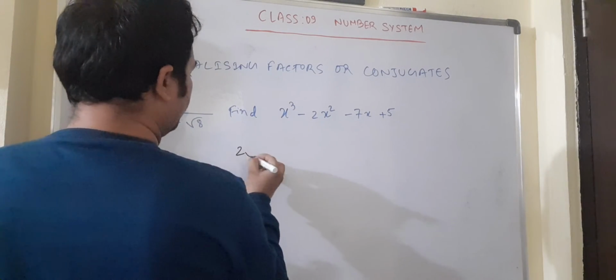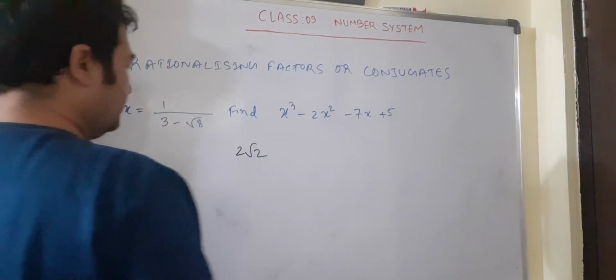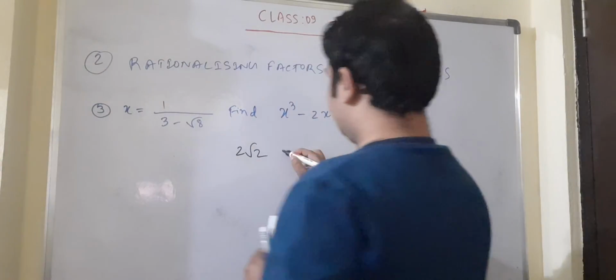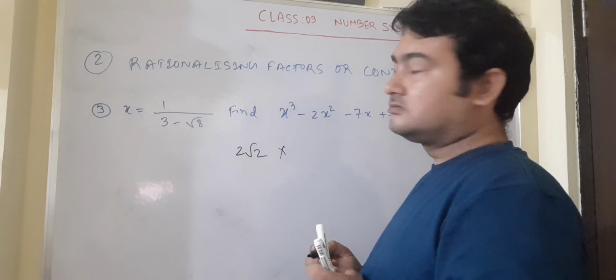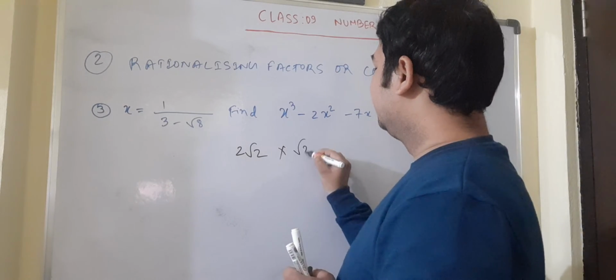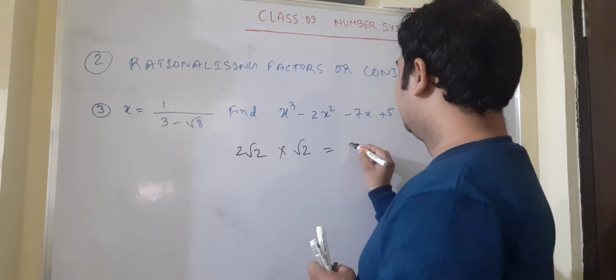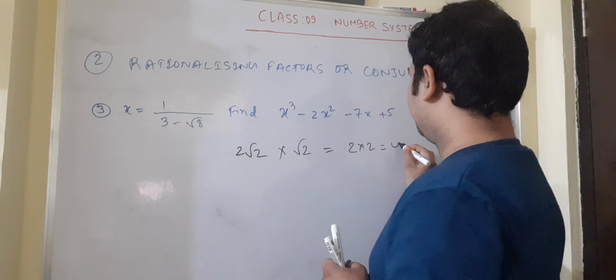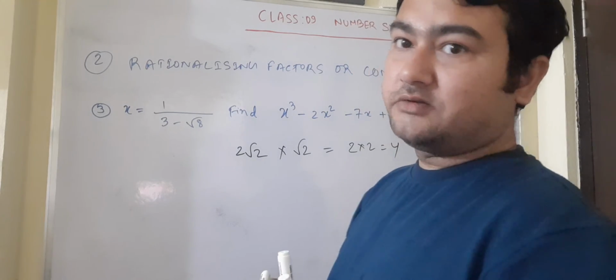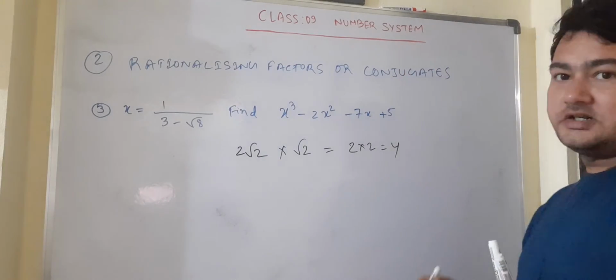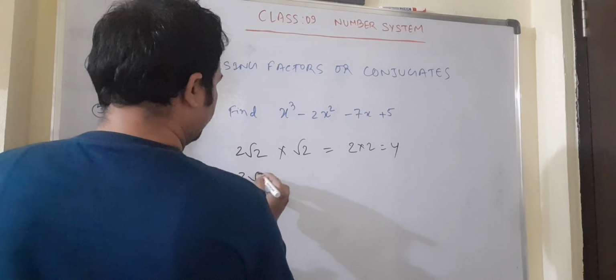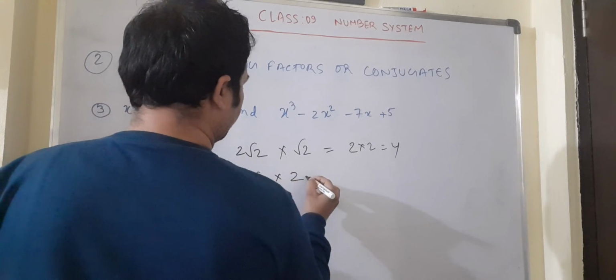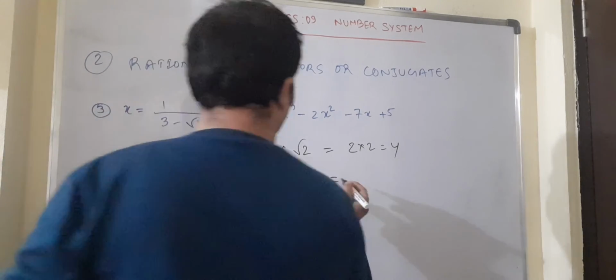Let us take 2 root 2. How will you rationalize it? By multiplying by root 2, it will be 2 into 2 equals 4. But is this the only way to convert this 2 root 2 into a rational number? No. You can multiply 2 root 2 with 2 root 2.